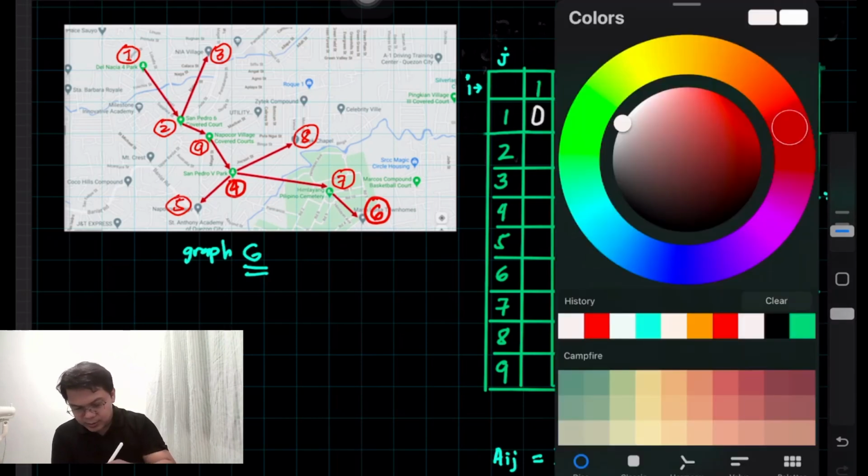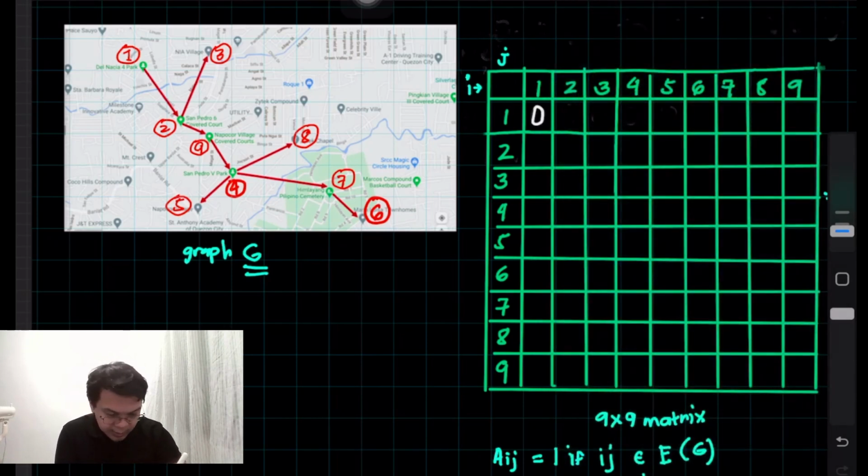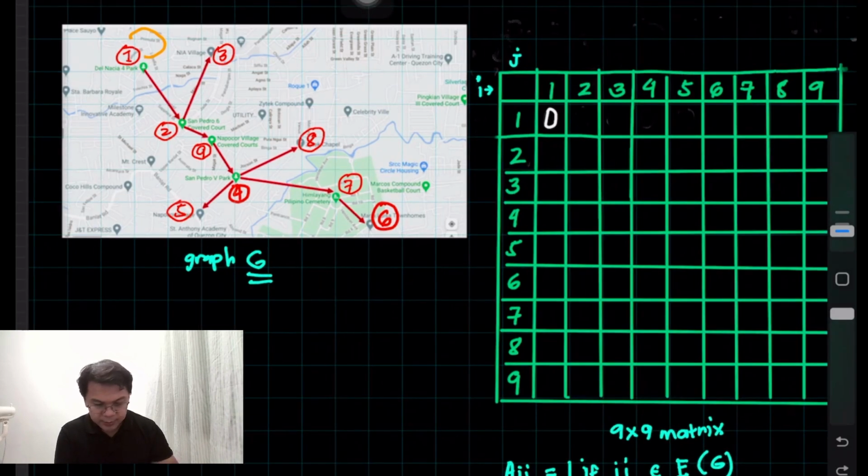In other cases there are, but that is not visible in our graph. Sometimes you'll see a loop from the vertex going back to itself. That is actually considered a 1. But in this case, we don't have it, so row 1, column 1 will be 0.